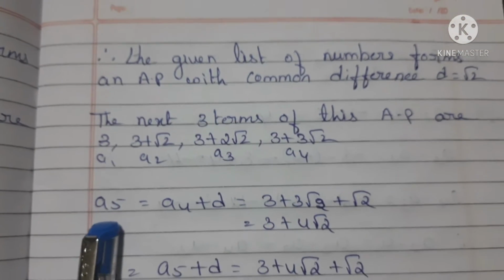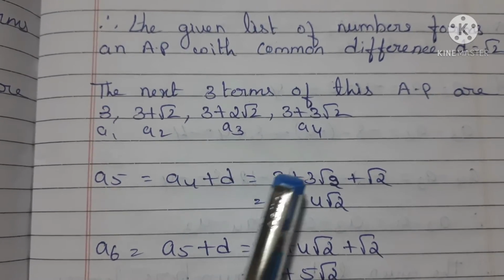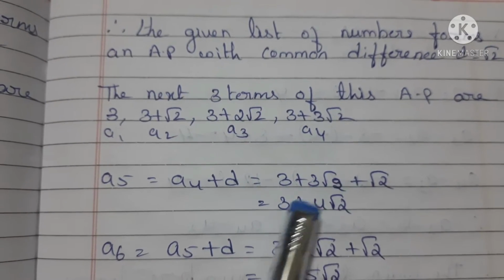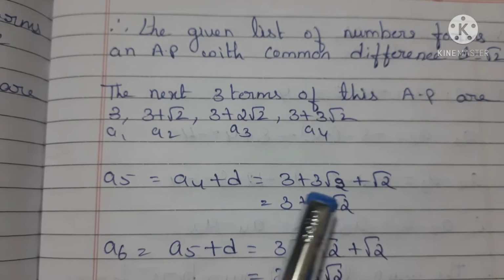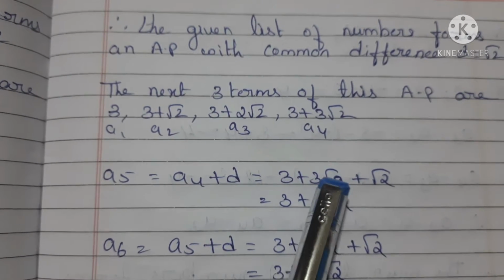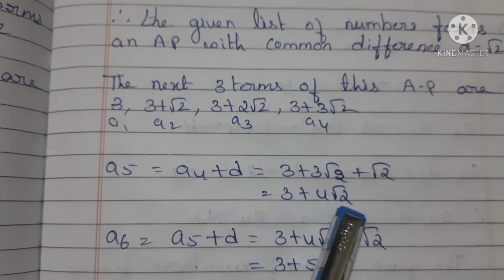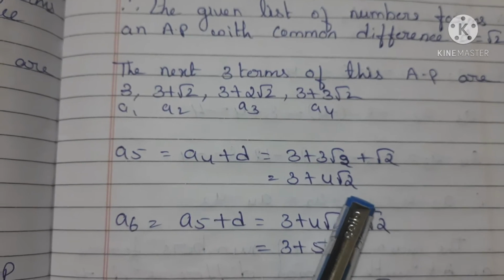Now a5 is equal to a4 plus d, which is 3 plus 3 root 2 plus d, where the common difference is root 2. Here 3 plus 3 root 2 plus 1 root 2 is equal to 4 root 2. Now a5 is 3 plus 4 root 2.